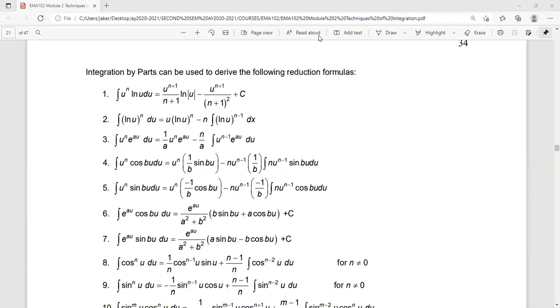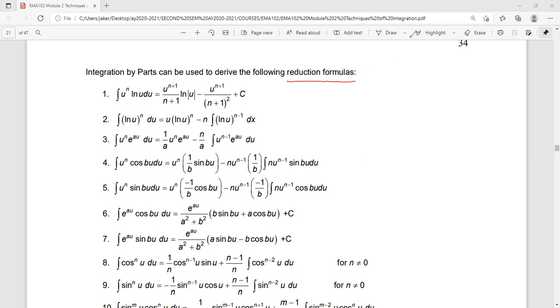Some of them you have already met in the topic under trigonometric transformation, or the integrals involving complex trigonometric functions. They were all derived from the by parts method, which we discussed last meeting.